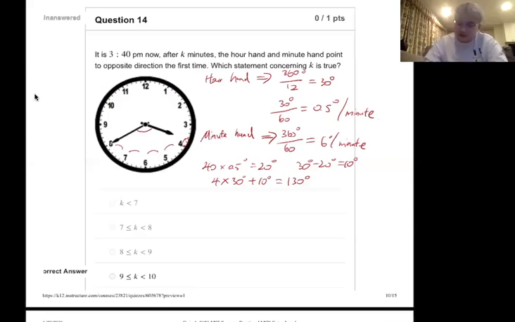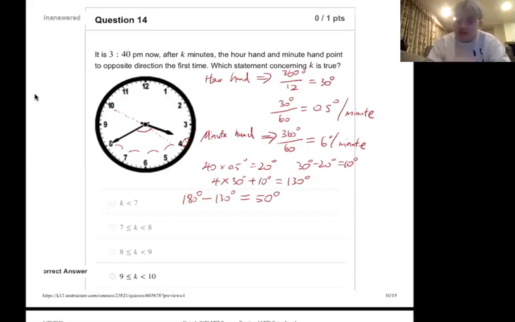In order for the hour hand and minute hand to be in opposite directions, we need 180 degrees, like the dotted line right here. Now it's 130, so we need the angle between the minute hand and hour hand to increase by 50 degrees.